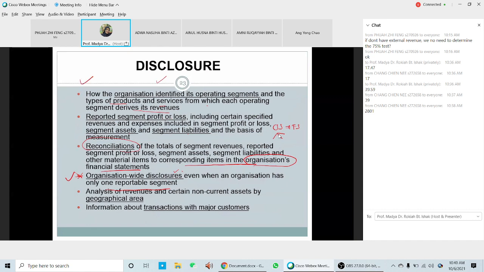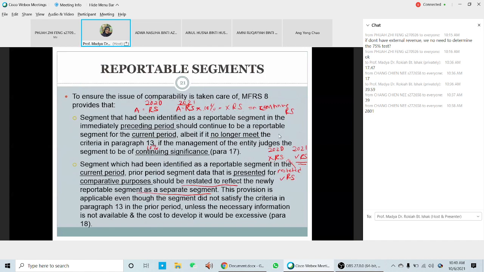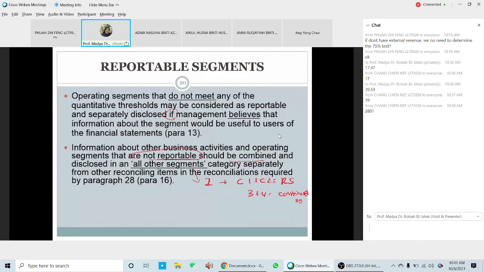We limit the operating segment up to 10 only. This is also important about the prior and the current because of the comparability.